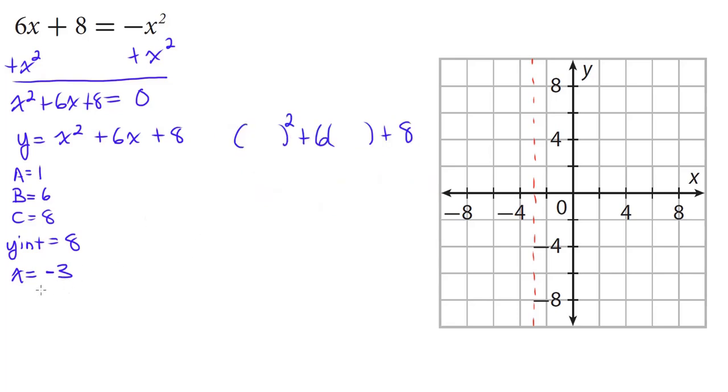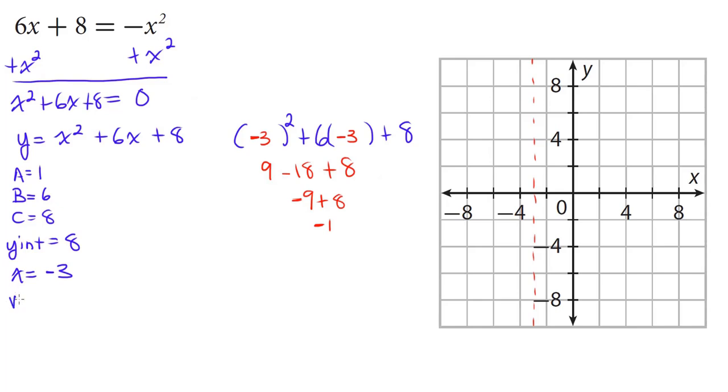So now I'm going to use the x value of -3 to plug in and solve for y, so I could find the y value of my vertex. So -3 squared is 9. 6 times -3 is -18 plus 8. So 9 minus 18, that's -9. And -9 plus 8, that's -1.